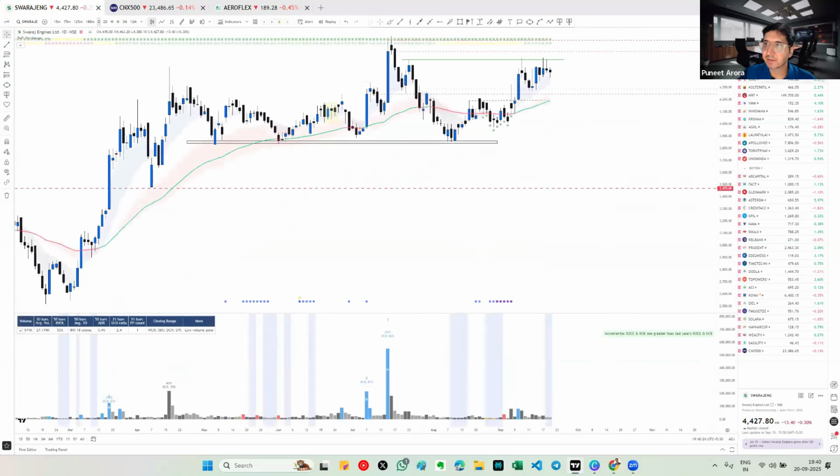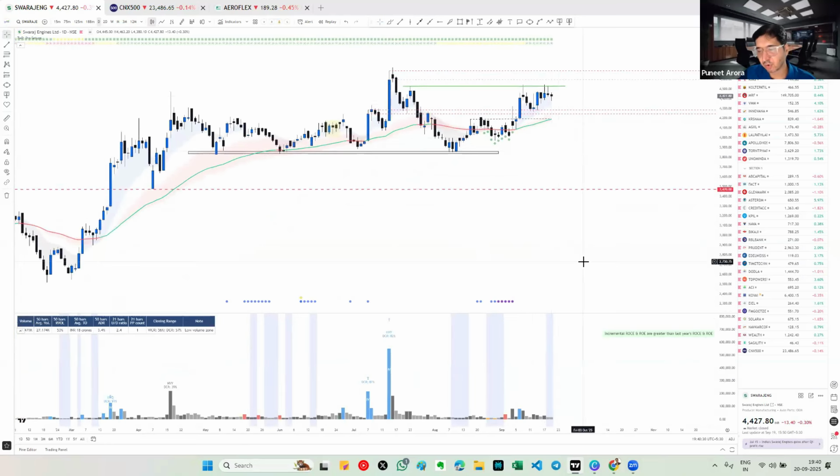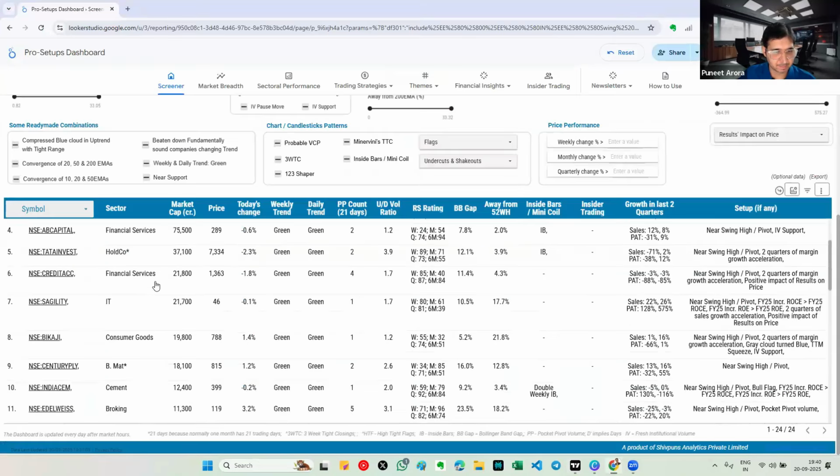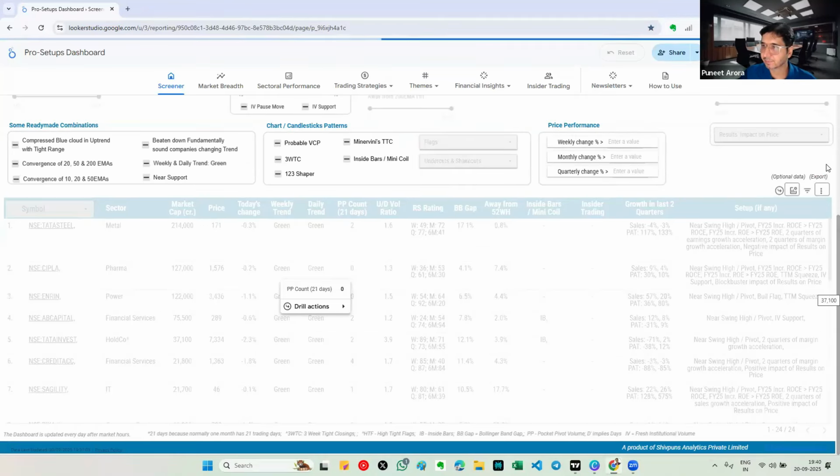This is Swaraj Engines, again near its swing high. Again, strong RS. I mean, we have already chosen a RS above 60. We have used some filters, so maybe it is not appearing here right now.